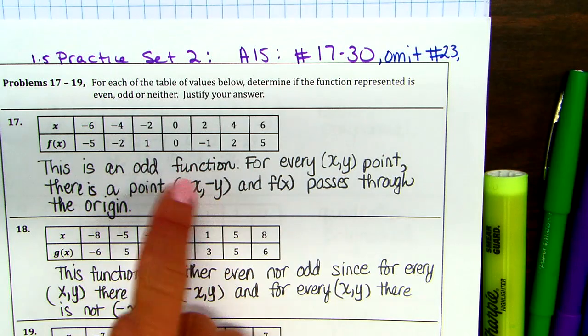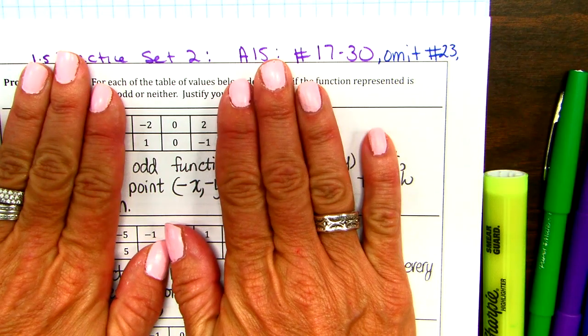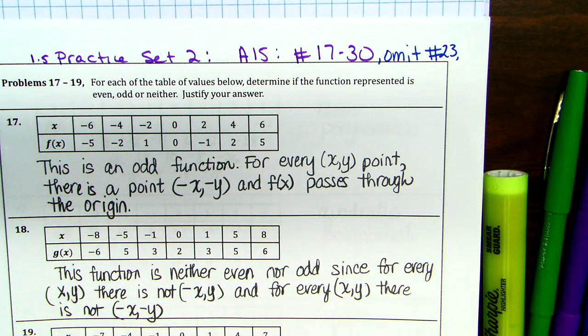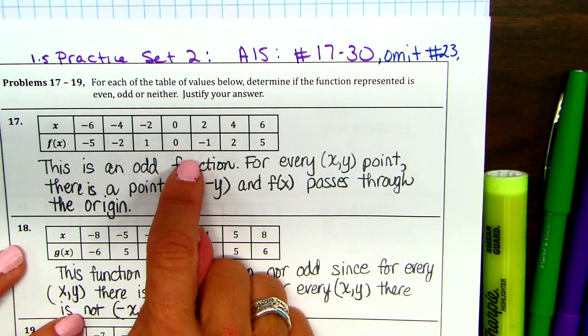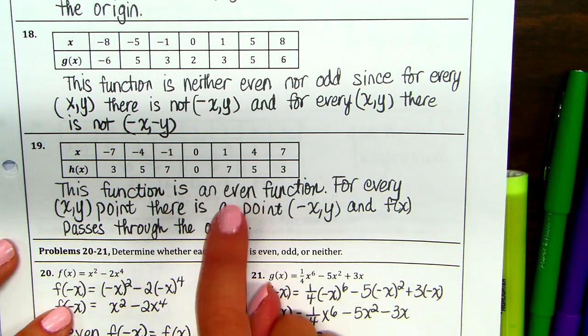Or you can picture in your head where those 3 points are. We're at 0, 0, that's important, we have to get the origin. And then left 2, up 1, quadrant 2; right 2, down 1, quadrant 4. So you're going to have matching points here and here the whole way. You can almost sketch the graph and see it faster than looking at the signs. It's up to you.